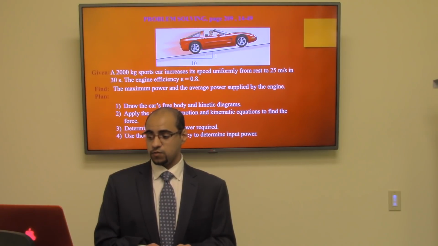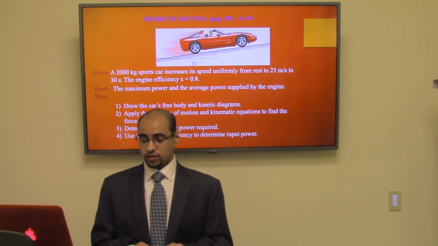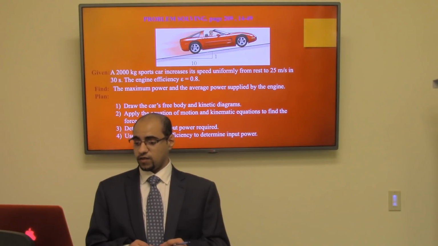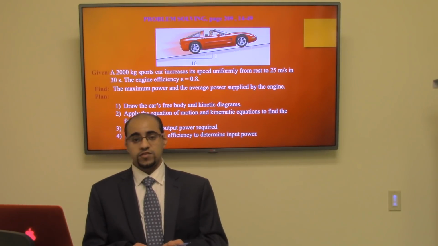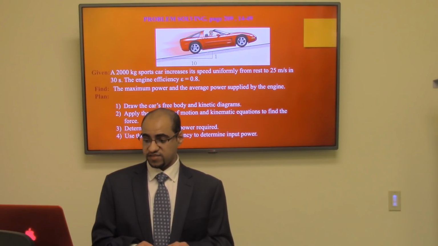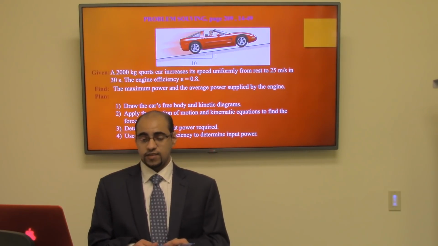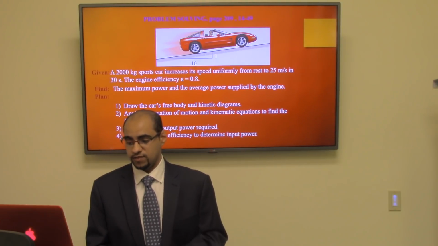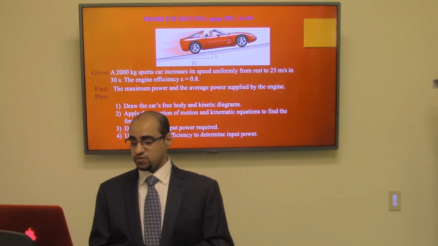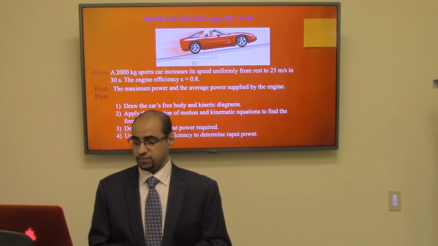I'll read the example. A 2000 kilogram sports car increases speed uniformly from rest to 25 meters per second in 30 seconds. The engine efficiency, sigma, is 0.8. We need to find the maximum power and the average power supplied to the engine.